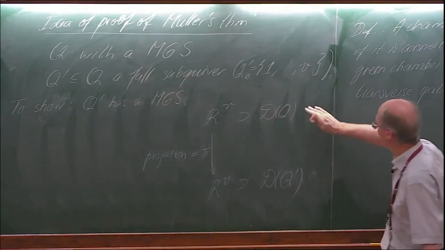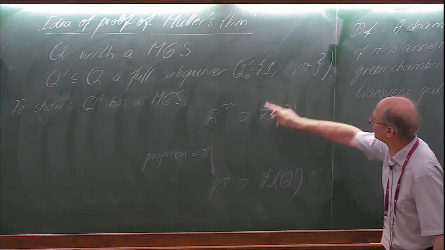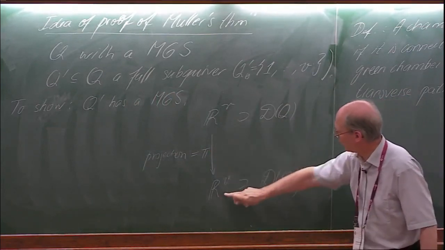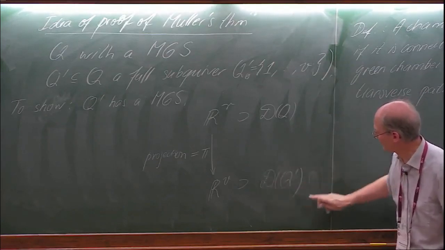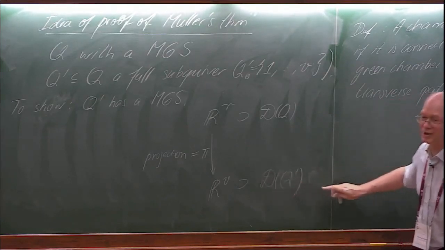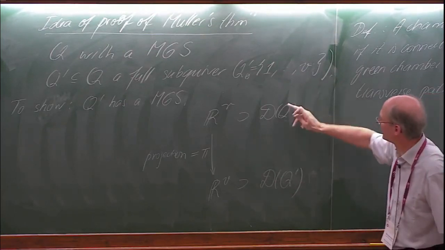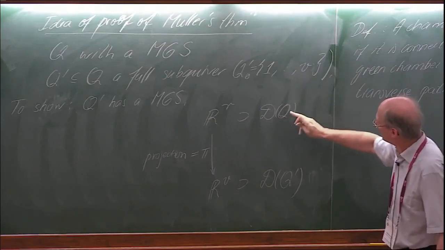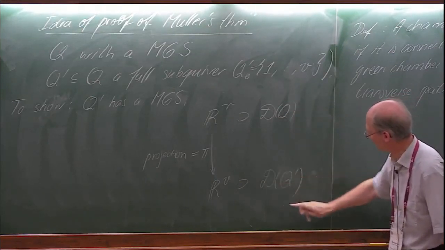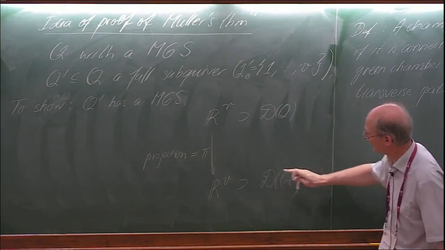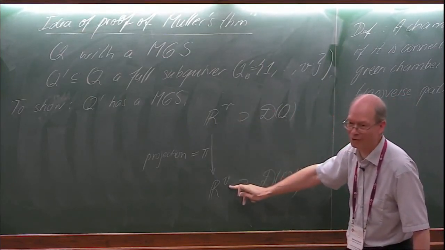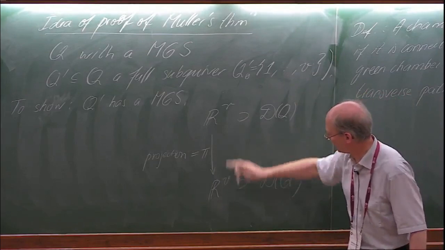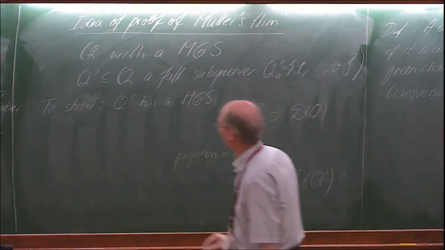And the idea is very simple. We simply take a maximal green sequence for Q and compose it with the projection to R^v. And then one has to check that this does yield a maximal green sequence for Q'. For example, it is clear that if this maximal green sequence starts in the green chamber and ends in the red chamber, then this one is also going to start in the green chamber. The all positive chamber is taken to the all positive chamber by the projection, and it ends in the all negative chamber. The projection preserves positivity and negativity.